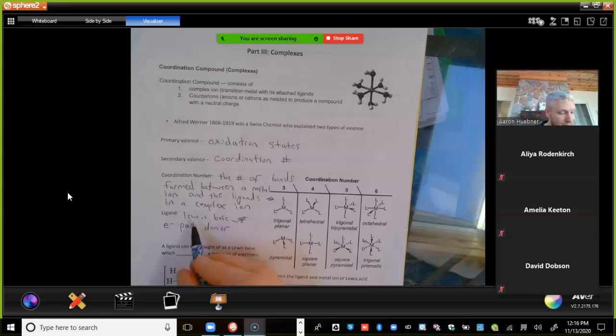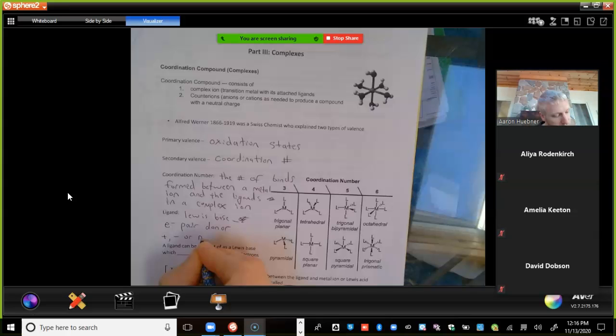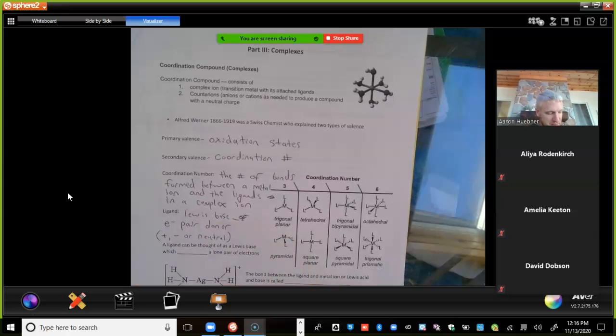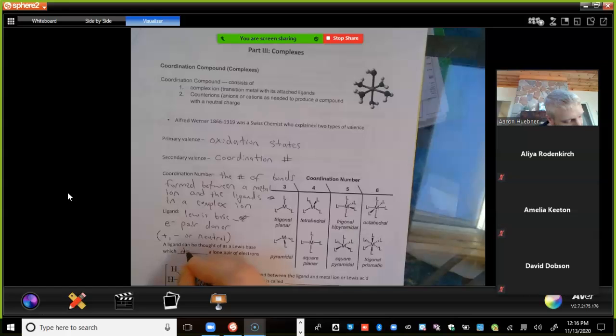So that's the technical definition. Essentially a Lewis base. It could be positive, negatively, or neutral. A ligand can be thought of as a Lewis base, which donates a lone pair of electrons.